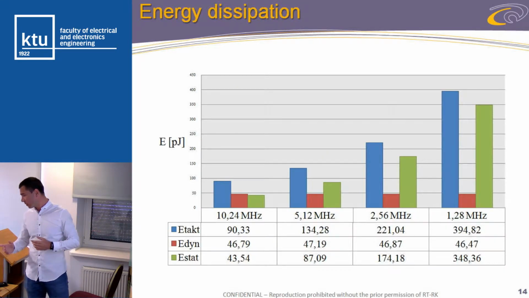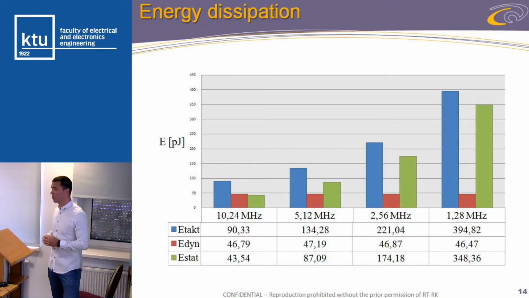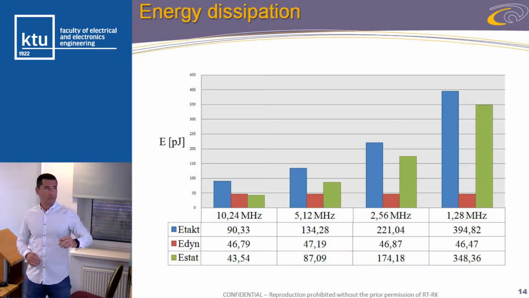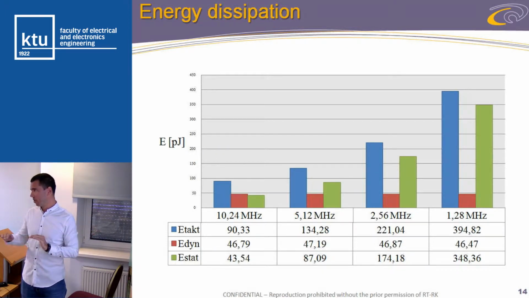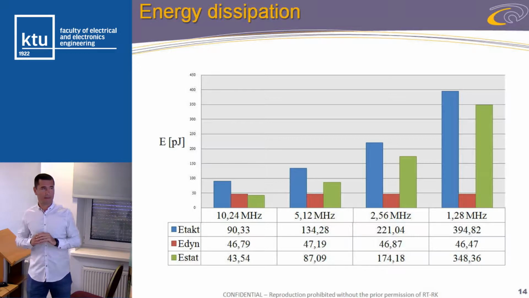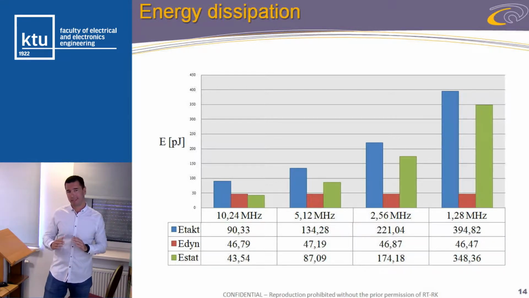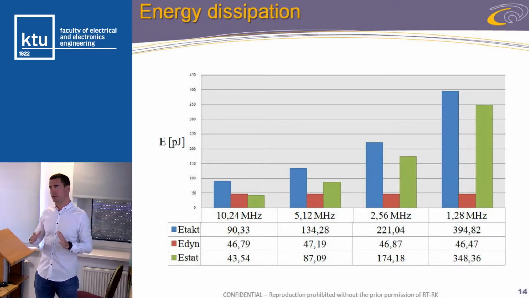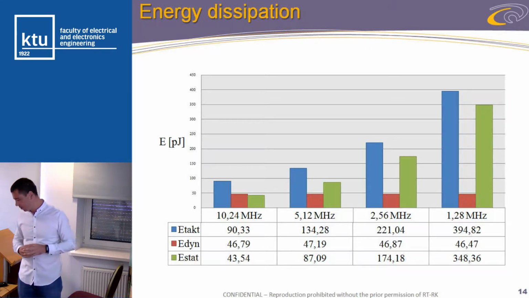On the other hand, if we observe the energy dissipated during one cycle, we can see that dynamic energy dissipation is constant, but static dissipation increases as we increase the clock period. That is also expected behavior.